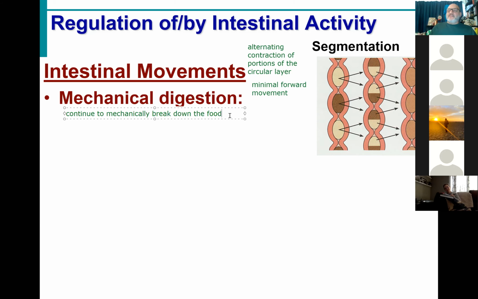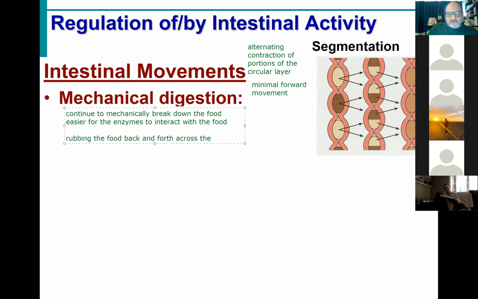Basically, this increases the surface area, making it easier for the enzymes to interact with the food. And the other thing that it is doing is it is basically rubbing the food across the surface of the small intestine.